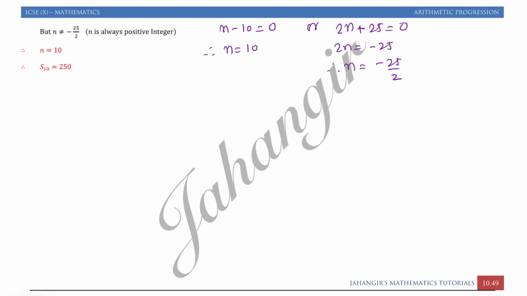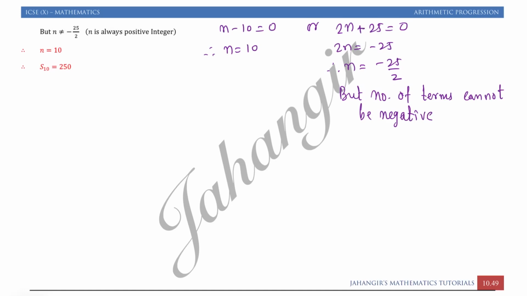Here we know the number of terms is the counting of terms. You can count like 1, 2, 3, 4 like that. Counting numbers are never negative, never a fraction. So we can say the number of terms cannot be negative, or you can write cannot be a fraction, but I will just consider it as a negative term.